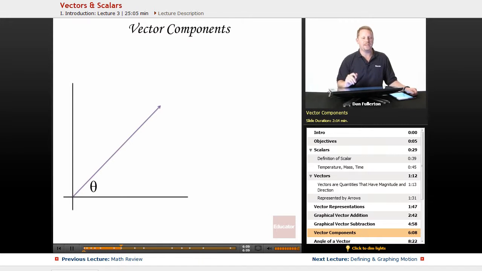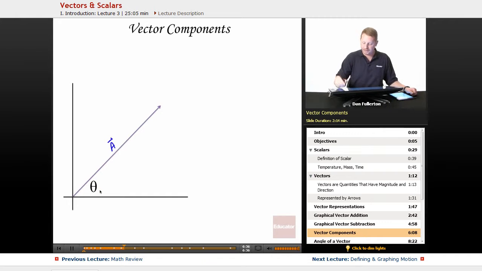Now, when we have these vectors and they're lined up at angles, oftentimes we can simplify our lives from a math perspective if we break them up into component vectors or pieces that add up to the sum. And if we pick those pieces carefully so they line up with an axis, the math gets a whole lot easier. And I'm a huge fan of easier math. So let's assume that we have some vector A right here at some angle theta from the horizontal.